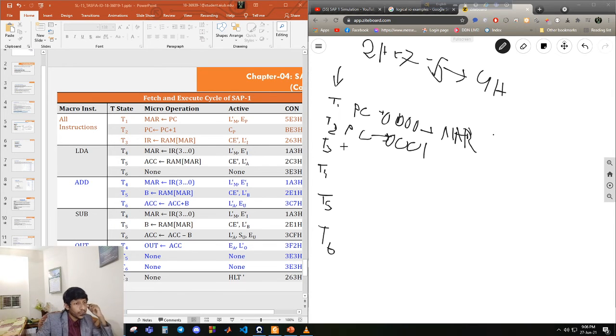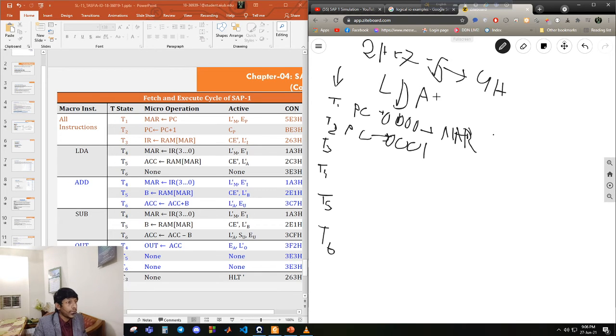In the third step, the operation we are doing at first is called LDA, to store the first value. Let's say the LDA instruction is stored as 0000.